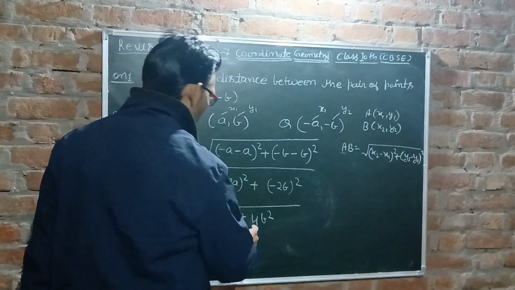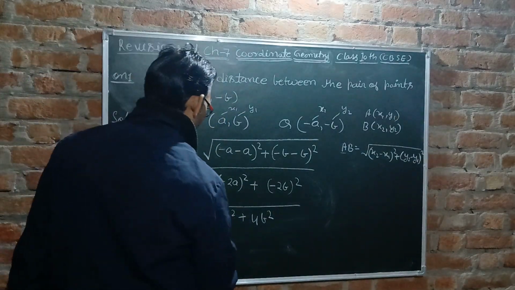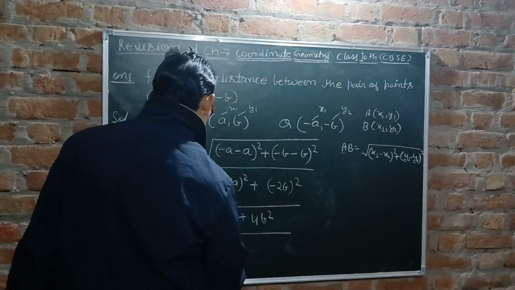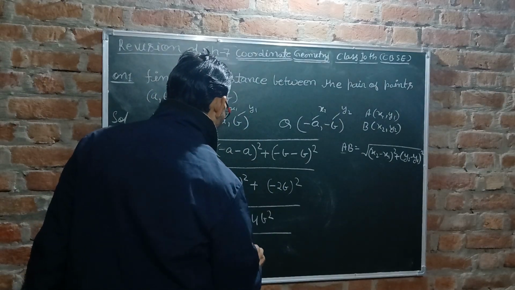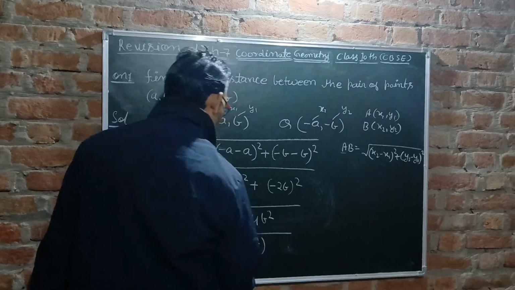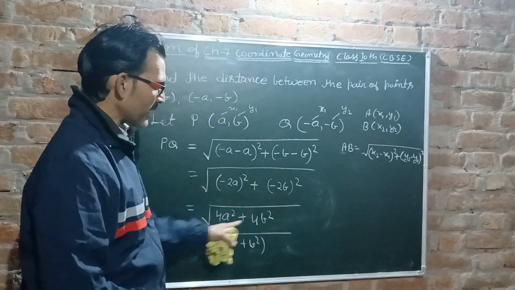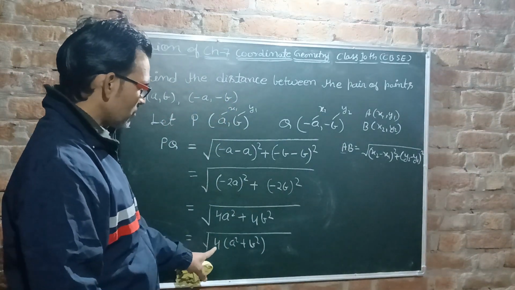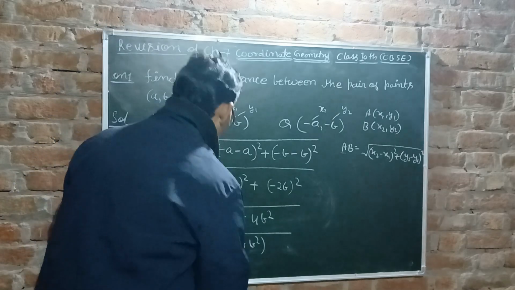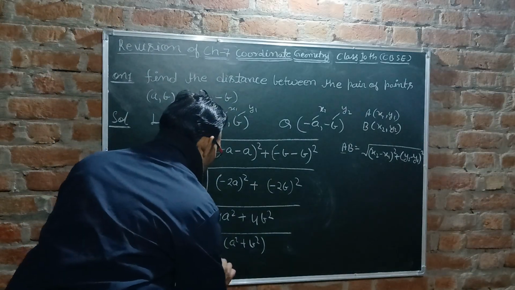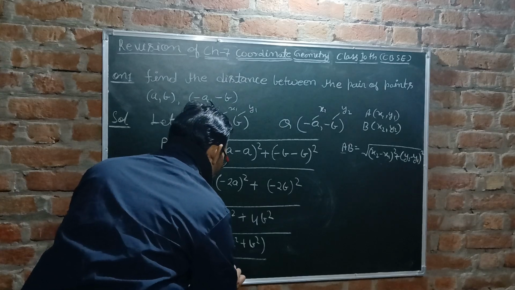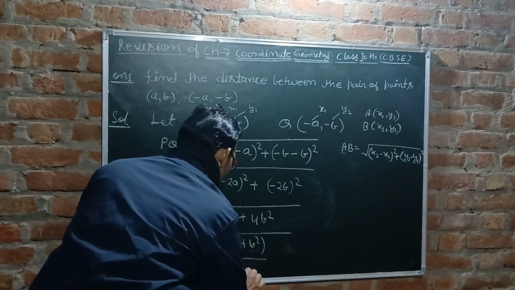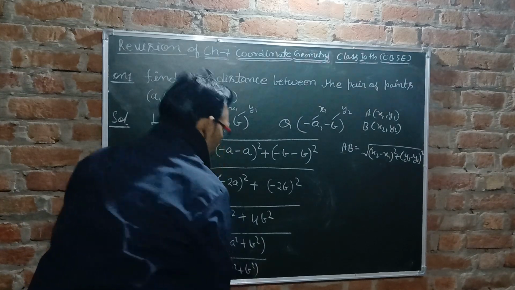So I will take this 4 as common. Take 4 as common. So you will get a square plus b square in bracket. This 4 I can write as under root 2 square, and a square plus b square.